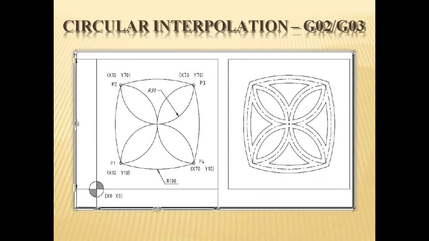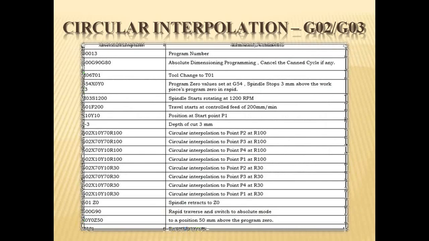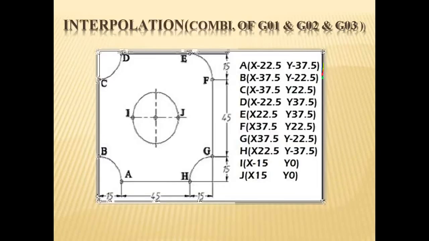Circular interpolation is generally given as G02. G02 is circular interpolation clockwise, meaning the cutting action will go clockwise. If we use the code G03, it is counterclockwise. This is how you can write a program. Here there is a set of operations, and the reason for using each particular code is given.